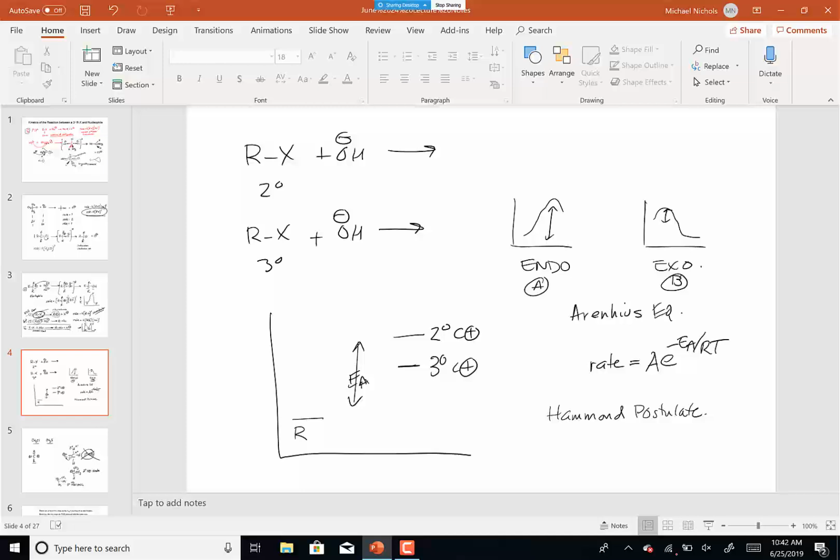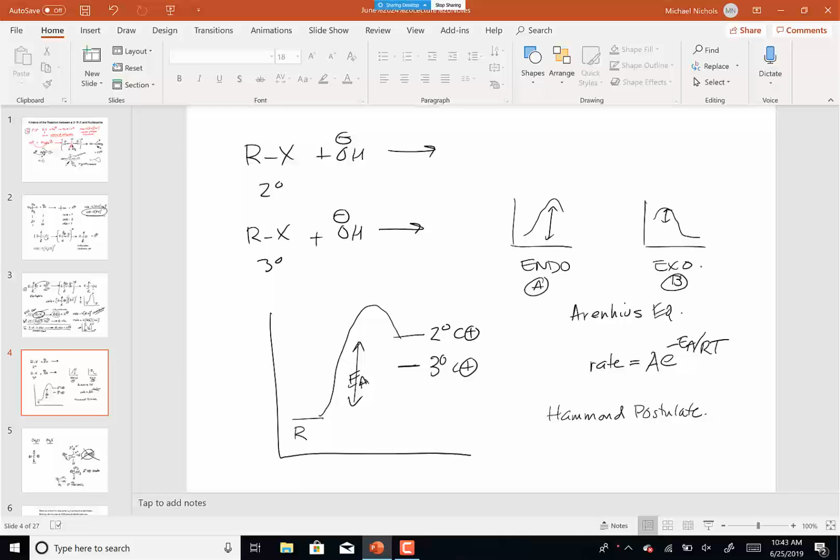All right, so Hammond's postulate says that basically we have to know if we're dealing with an endo or an exothermic reaction. But it actually isn't necessary. So by my piece of paper, if I write the reaction coordinate diagram going to a secondary carbocation, where should the reaction coordinate diagram go for forming the tertiary carbocation?